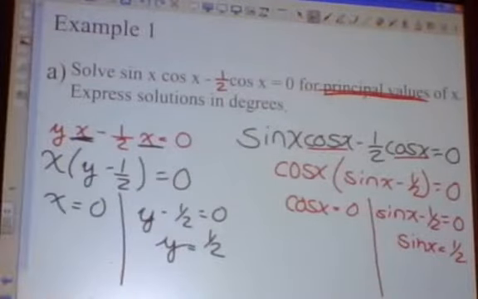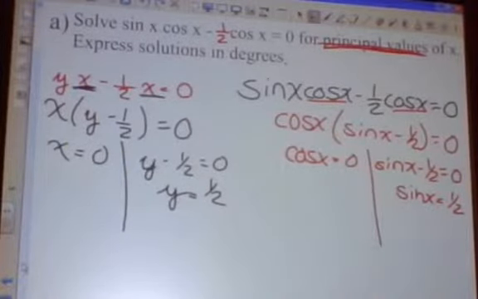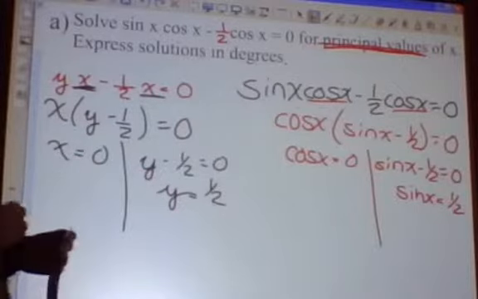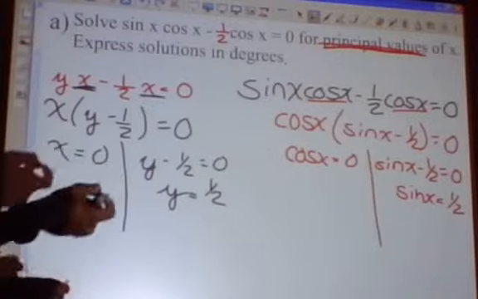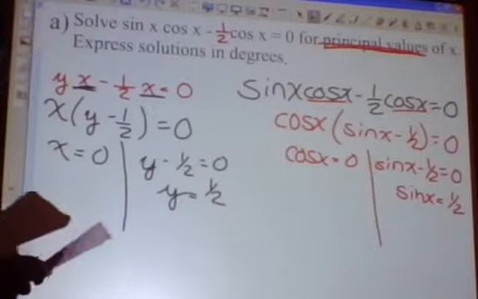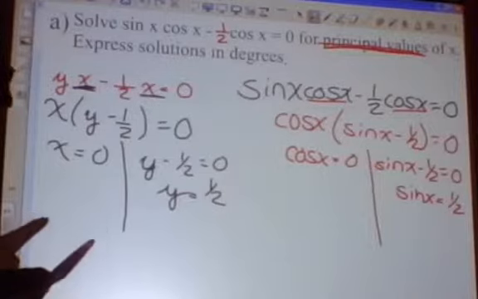So for cosine x, we're going to look at what values between negative 90 and positive 90 degrees, because we're dealing with degrees here. Looking at where between negative 90 and positive 90 that cosine is going to equal 0. And so with that one, we have to think. Where is it?